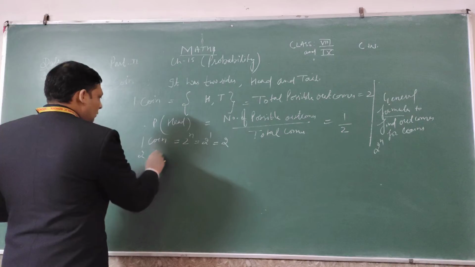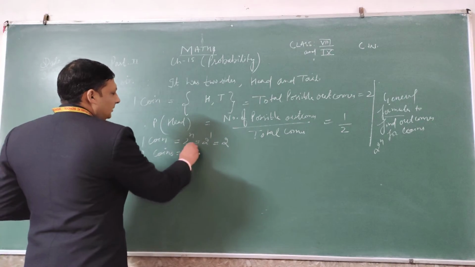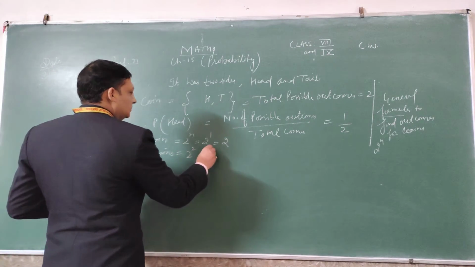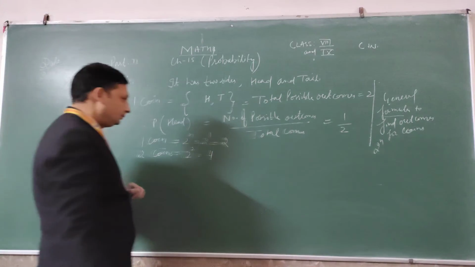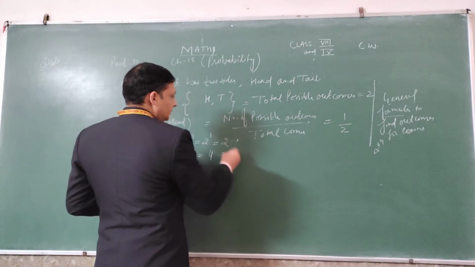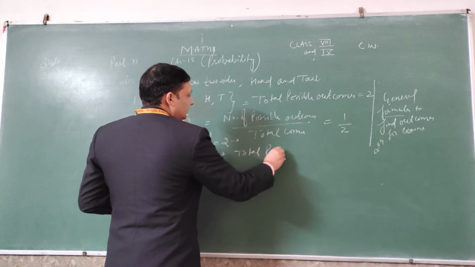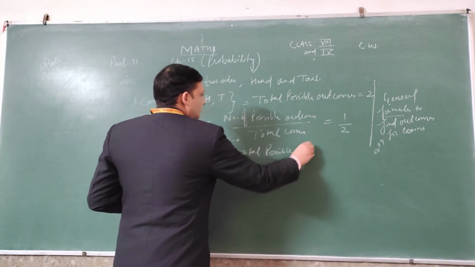When we take 2 coins, 2 to the power 2 equals 4. 4 are the total possible outcomes.